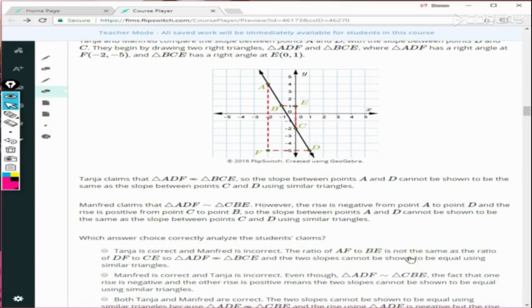Okay. So here are my triangles with this long line and this little triangle.